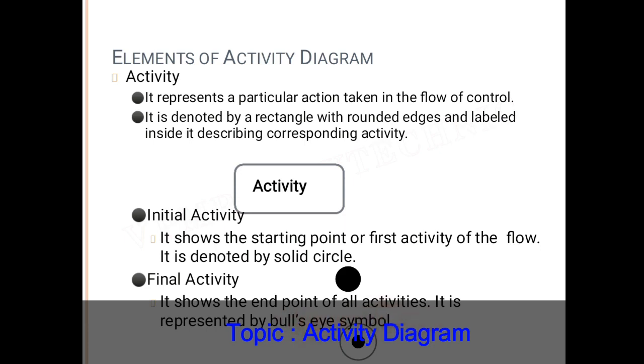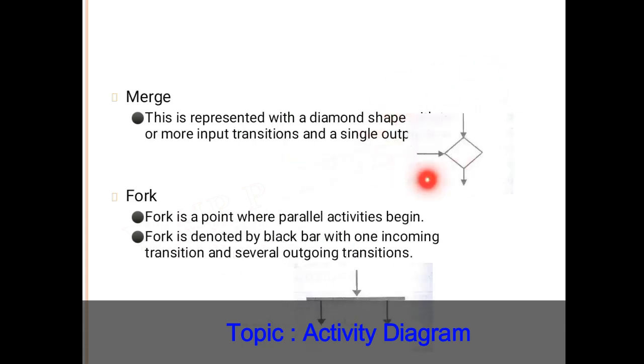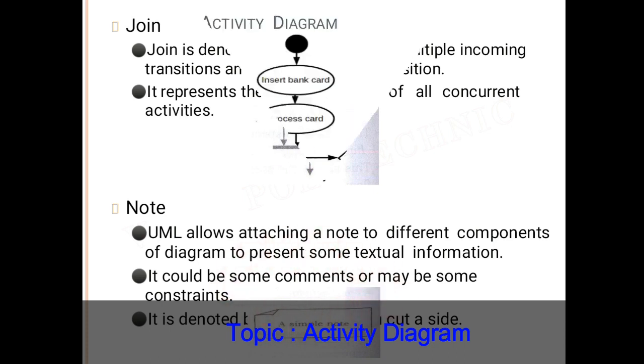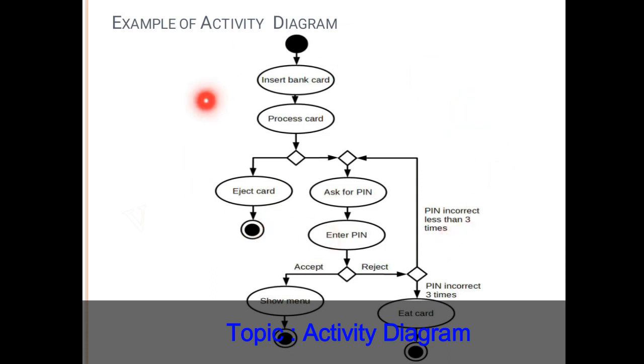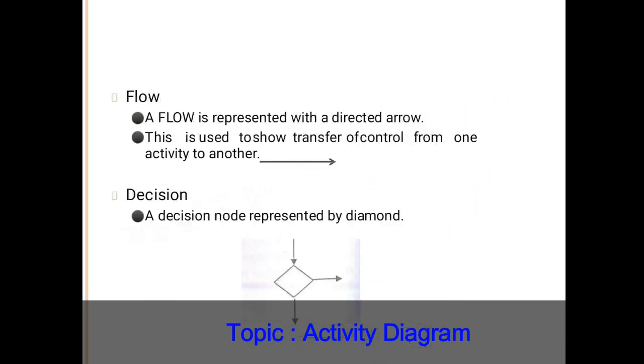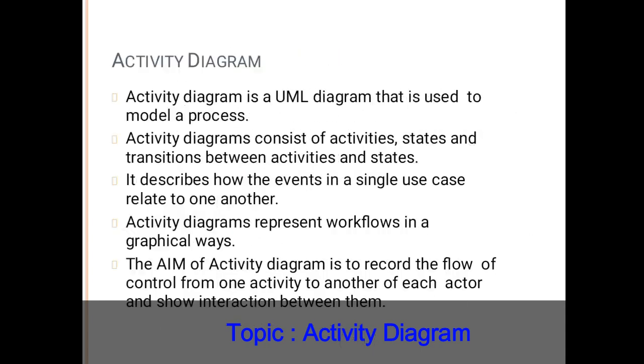Other symbols used in an activity diagram: this one is flow, this symbol is used for decision, this for merge, this for fork, this for join, and this one for any note about the system. And here is our activity diagram example. Now let's go through the description of these symbols and of activity diagrams.